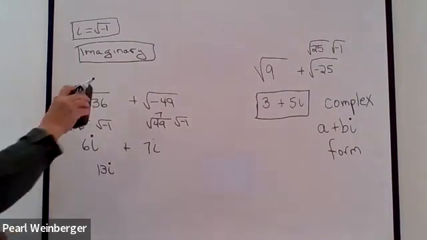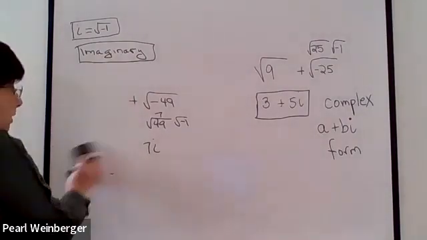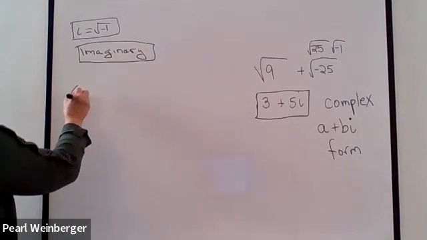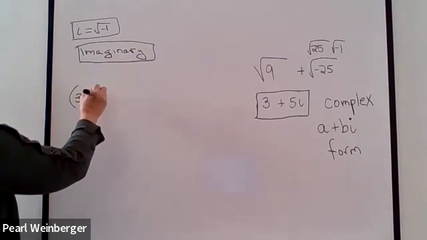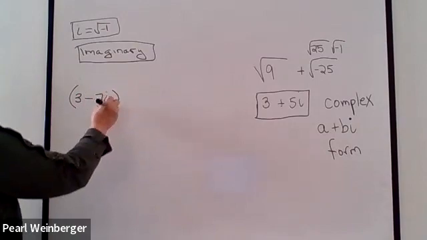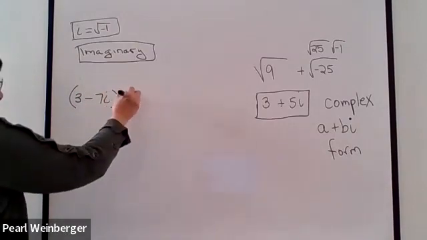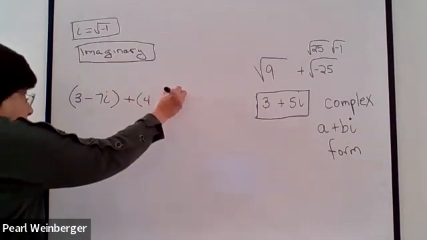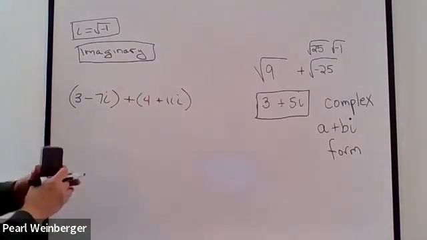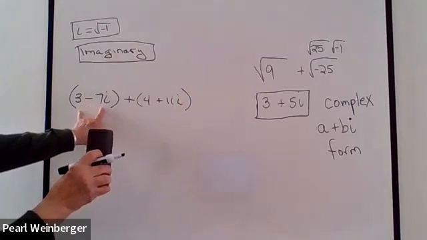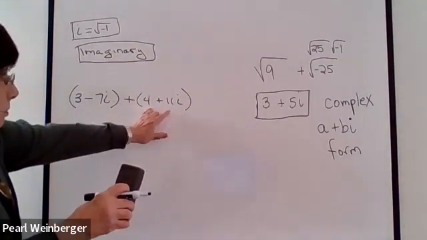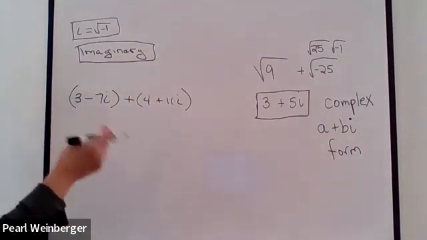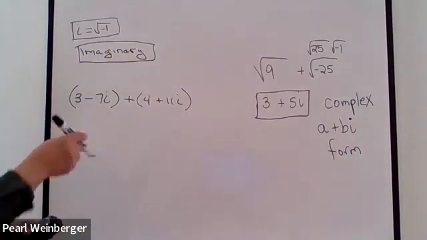Okay, what if I gave you two complex numbers to add? What if I asked you to do 3 minus 7i, that complex number, plus 4 plus 11i? This is one complex number, in a plus bi form. This is another number. How are you going to combine them? Well, just exactly the way you would do regular algebra.